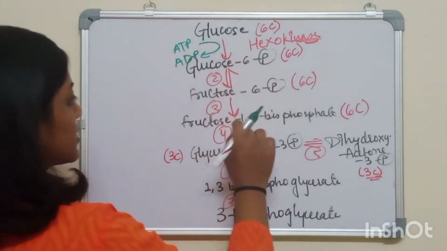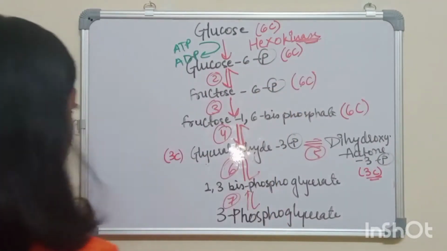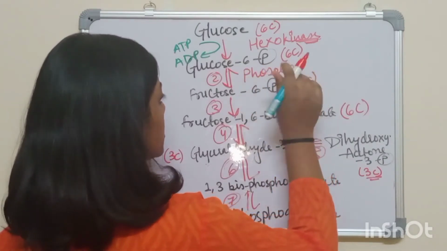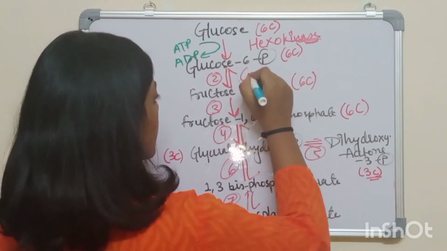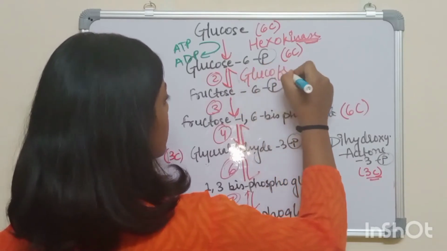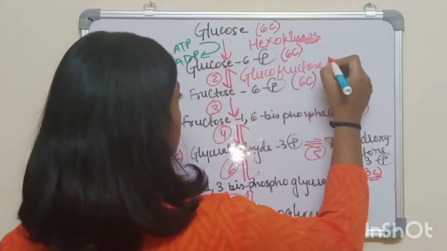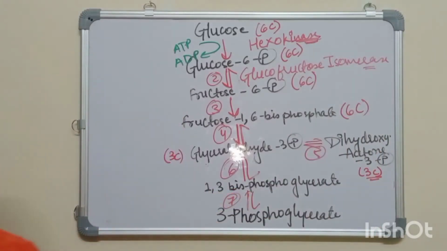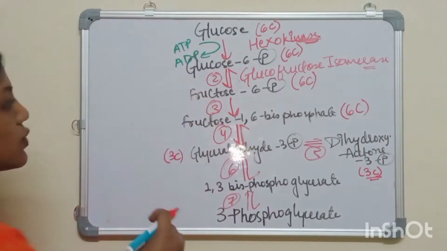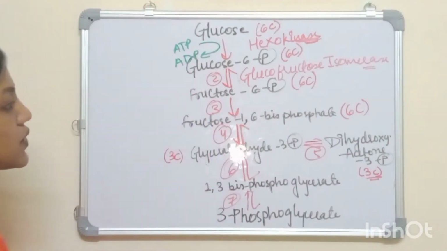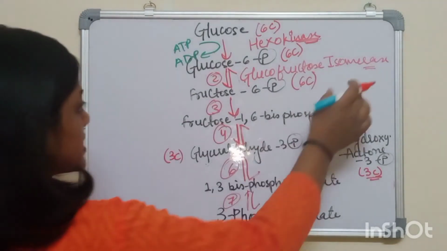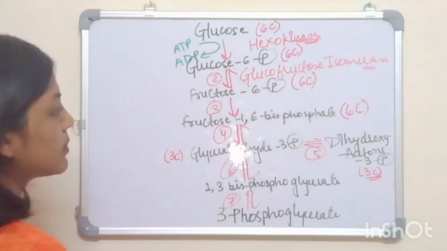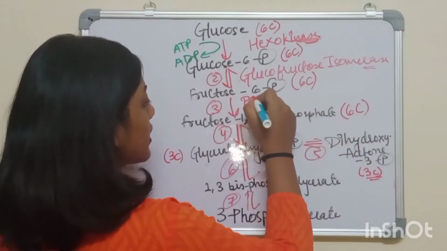Now glucose 6-phosphate is converted to fructose 6-phosphate by the enzyme isomerase. Isomerase converts one form into the other isomeric form. Glucose 6-phosphate and fructose 6-phosphate are isomers. Now fructose 6-phosphate is converted to fructose 1,6-bisphosphate by an enzyme PFK1.